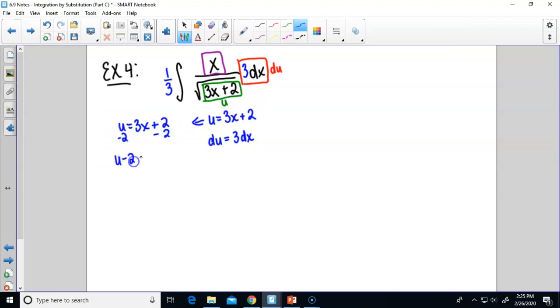So we've got u minus 2 equals 3x, and we will divide by 3. So x is u minus 2 over 3. So this part right here, that x, is u minus 2 over 3.